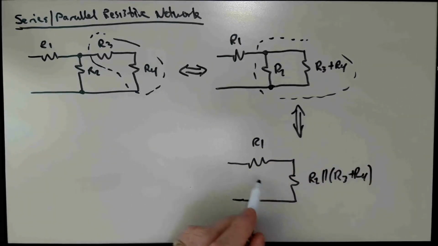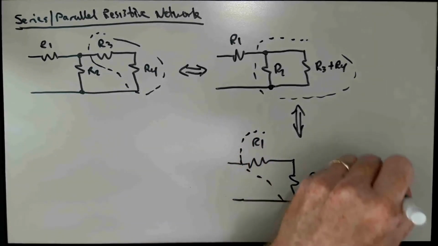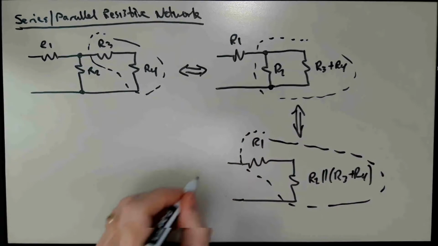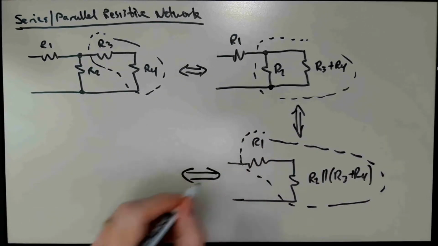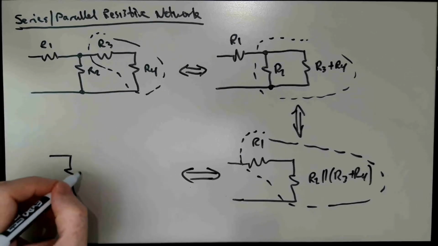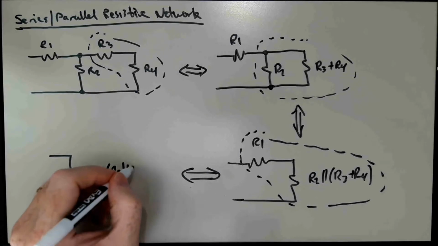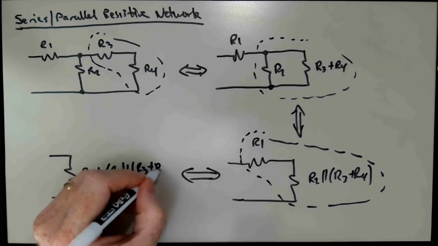And now, of course, we've got two resistors in series, and we could simply draw a dashed line around those two and collapse those into a single equivalent resistor whose value is R1 plus R2 parallel R3 plus R4.